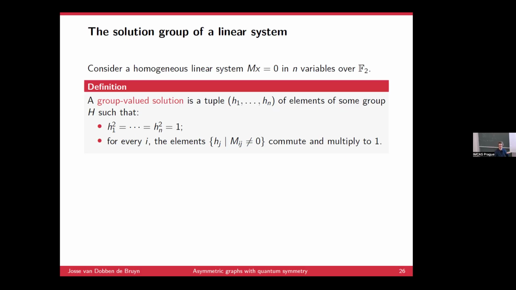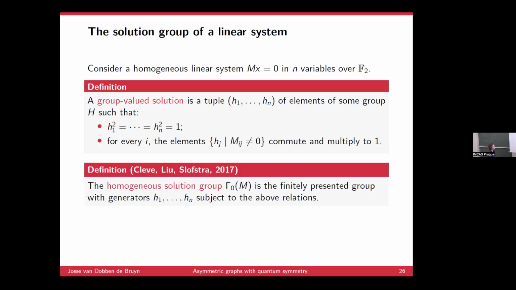This is saying that the hj that occur in the ith row satisfy the equation. Of course, we need to multiply instead of add now because our group is not abelian, so we write everything multiplicatively. So in each equation, the variables commute and multiply to 1.